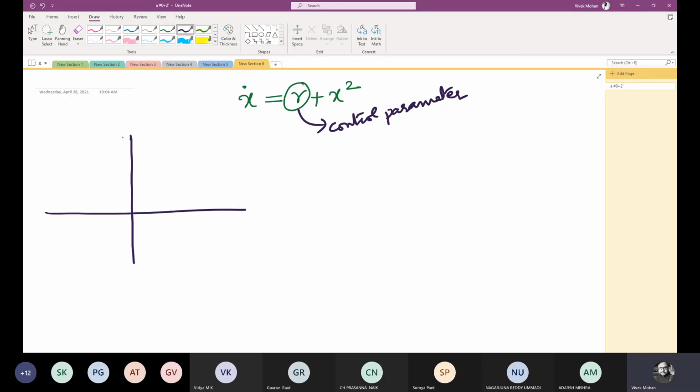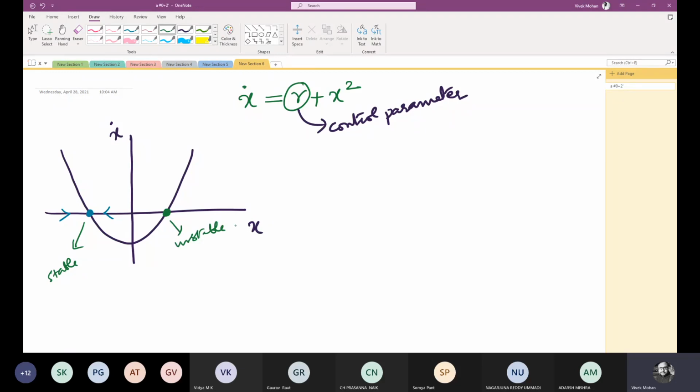Okay, so I'm taking here again x dot versus x. Here this is what I'm getting. Now here I have this as a fixed point which is stable, and this is another fixed point which is unstable.